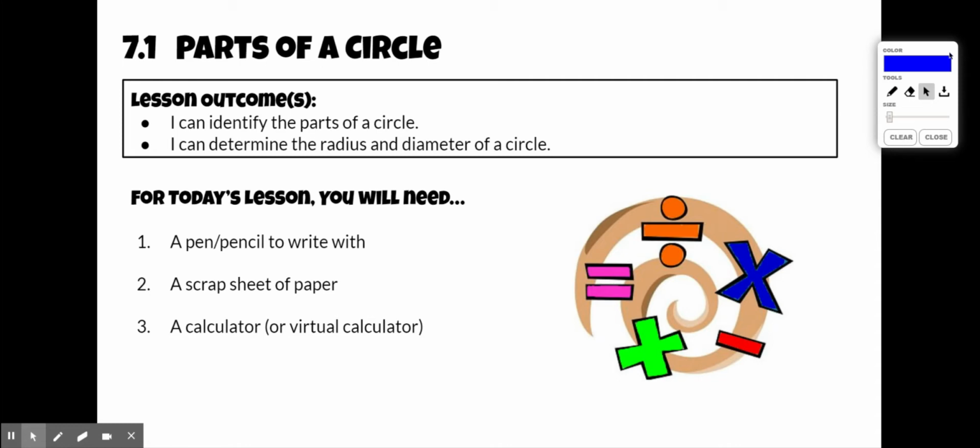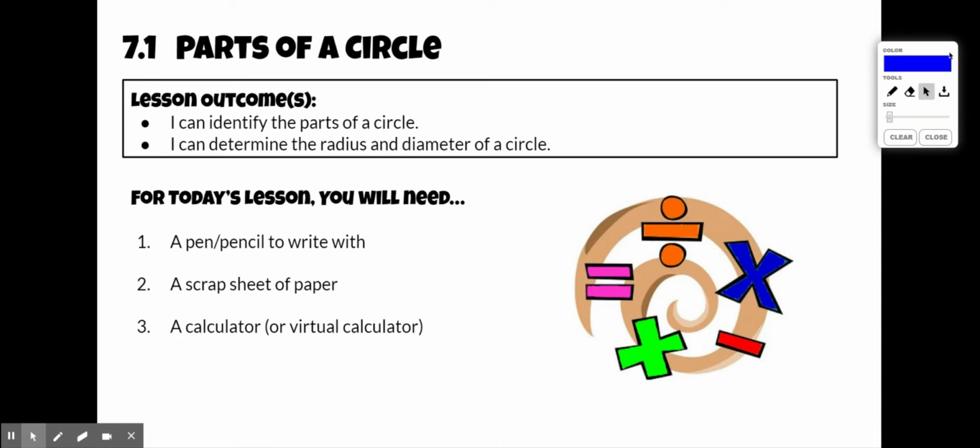Once we've done that, then we are going to talk a little bit about how we can determine the radius and the diameter of a circle. This might be review for some of you, and for others of you, it might be new learning. So, again, if you need to hear something a second time or you need to see an example again, you can rewind the video and watch that before answering any of the questions.